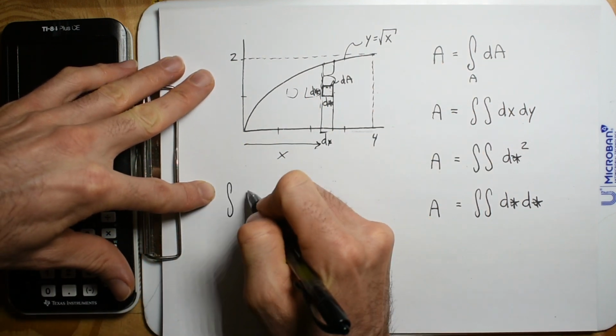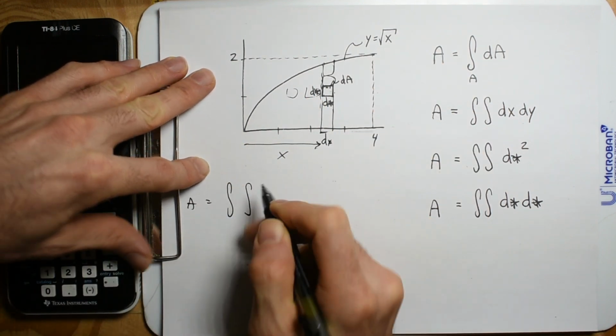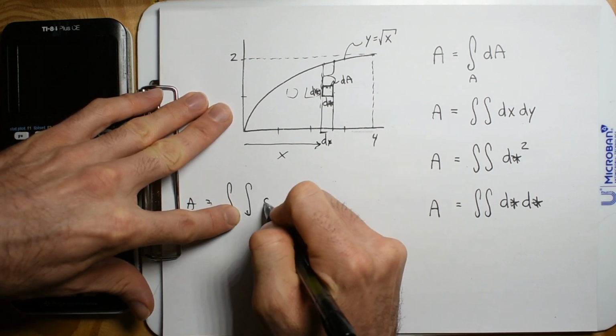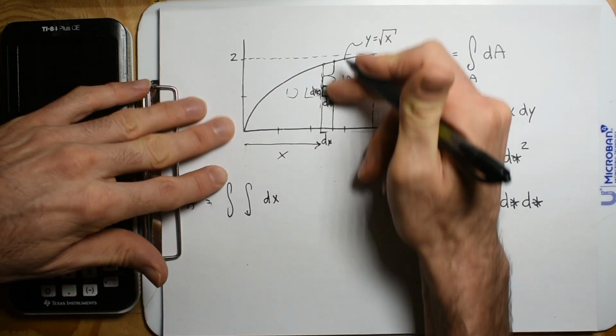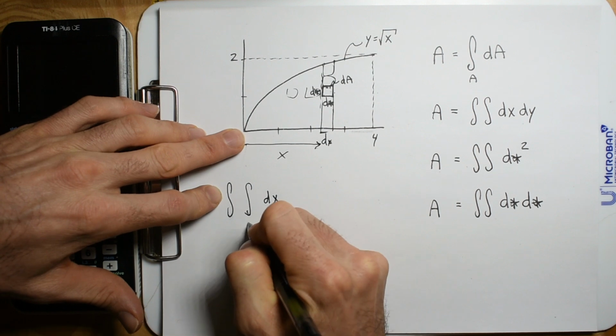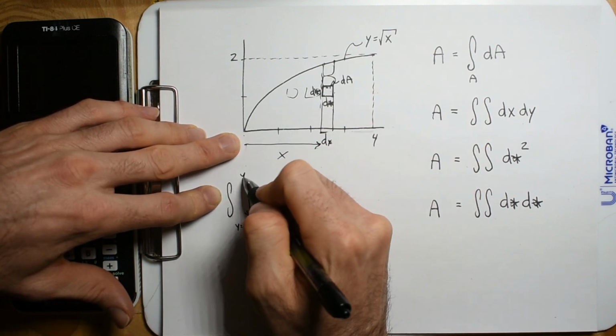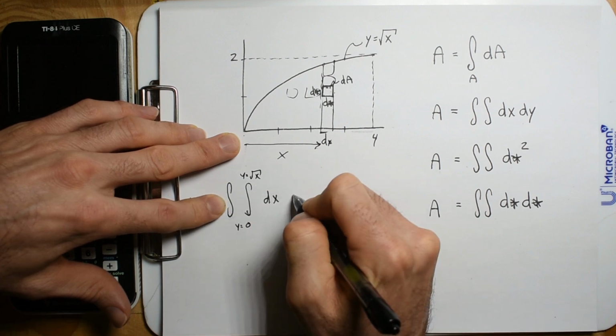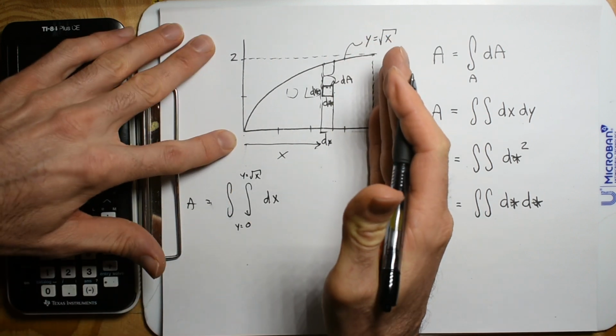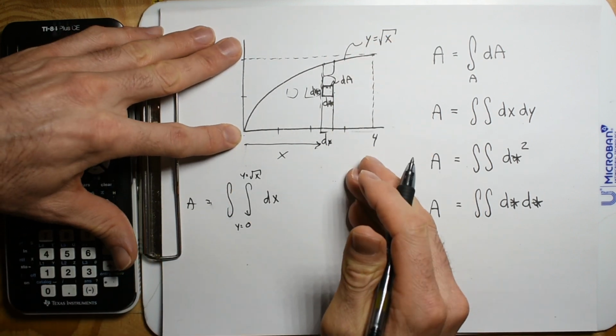So the area is the double integral. I'm going to take this dx chunk and move it in this y direction, from y equal to 0 to y equal to the square root of x.